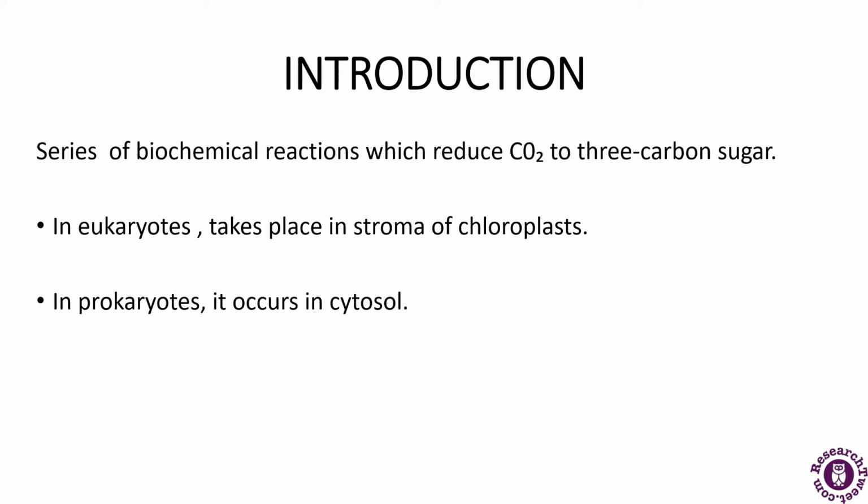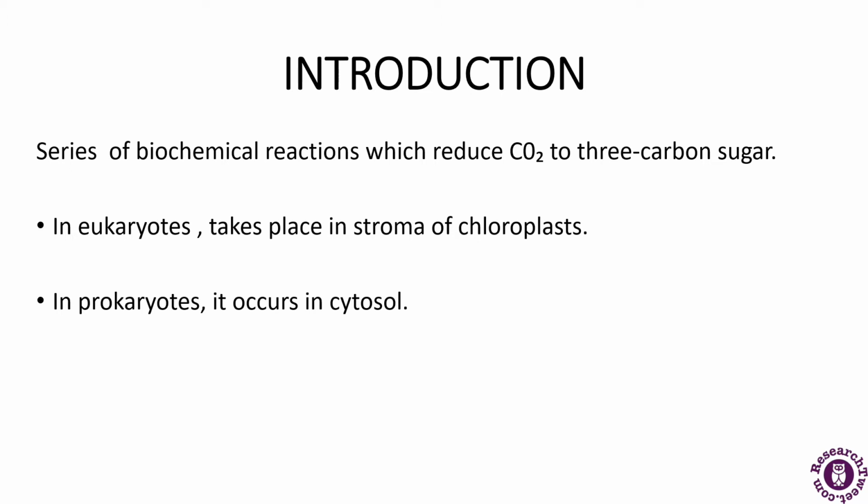Calvin cycle basically is present in all the oxygenic photosynthetic organism, that is plants. CO2 reduction and fixation occurs through the carbon cycle, that is carbon fixation cycle, which is also called as the Calvin cycle. So the Calvin cycle is a series of biochemical reactions which reduce CO2 to 3 carbon sugar.